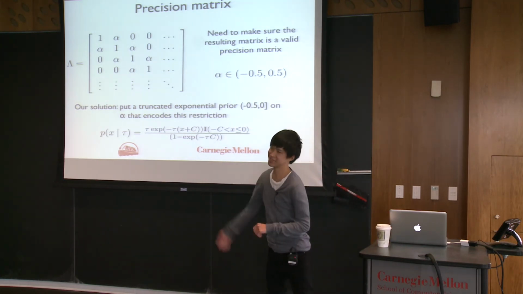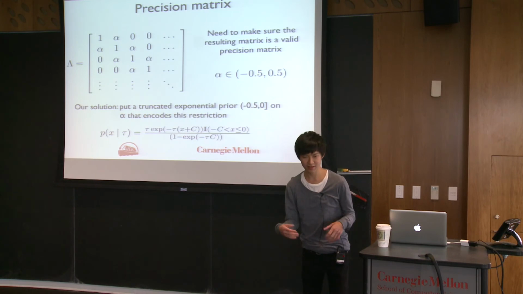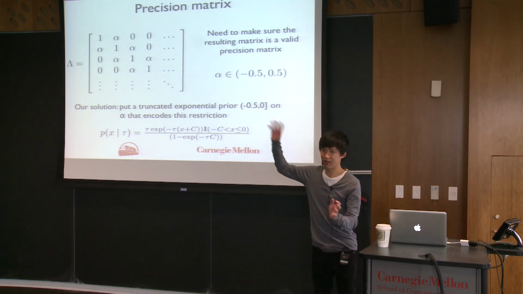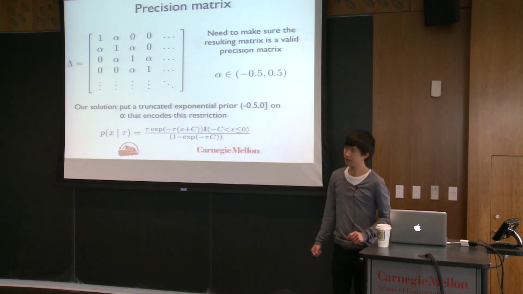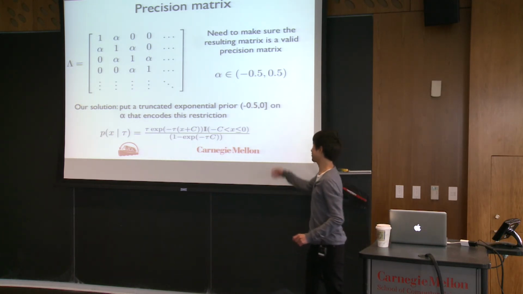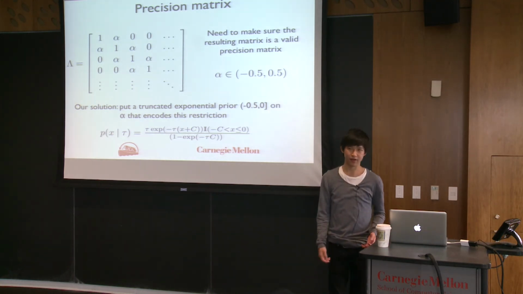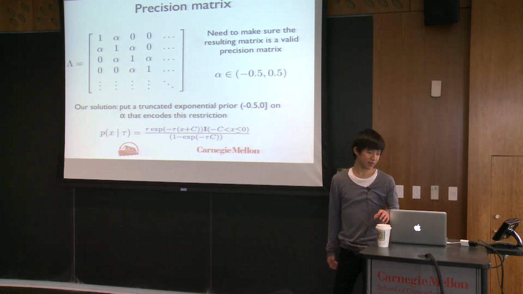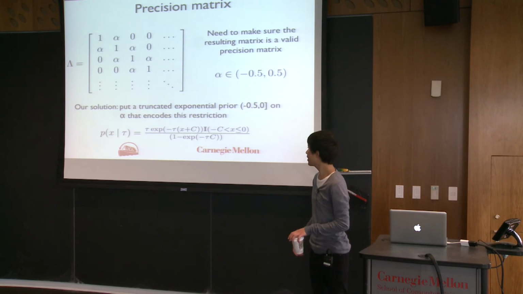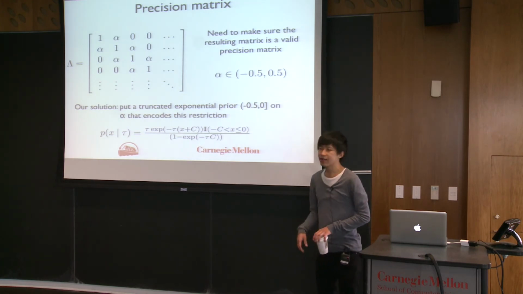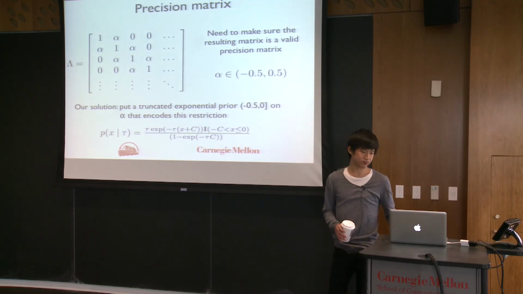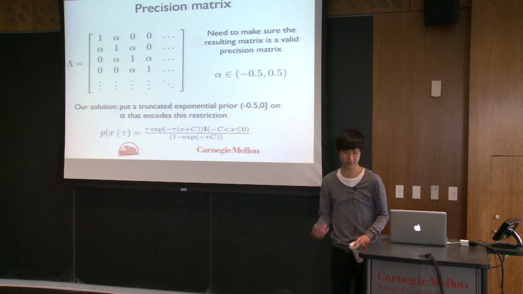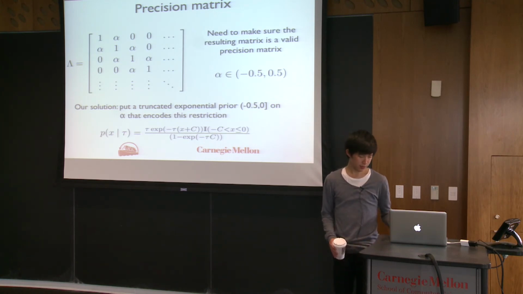Remember, this is a precision matrix, so negative entries mean positive correlations given all other entries. But of course, nothing prevents you from using a prior between 0.5 and 0. This is what a truncated exponential distribution looks like, and it has one hyperparameter tau. That's what we do with the precision matrix.